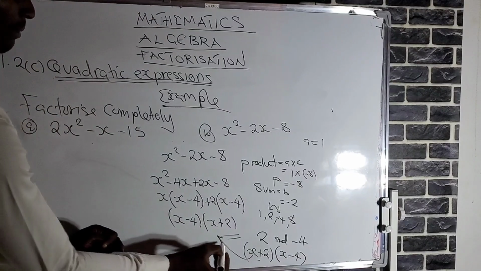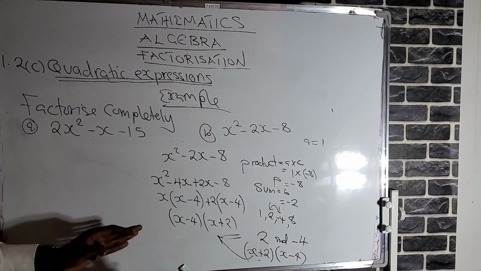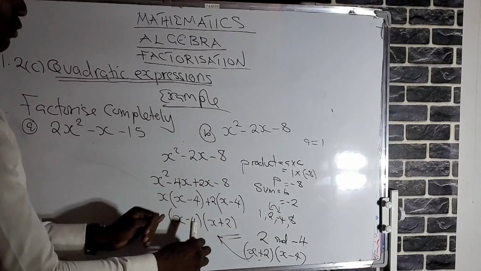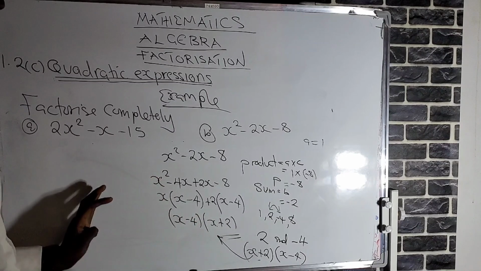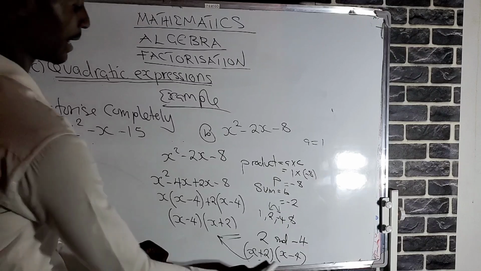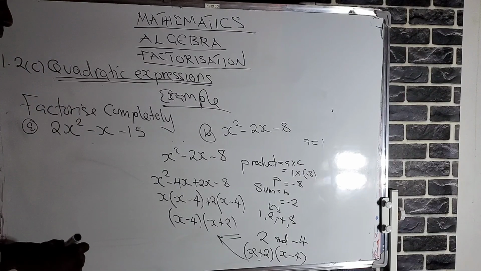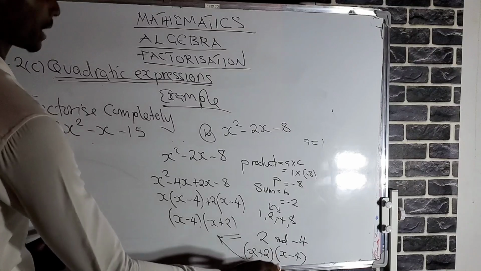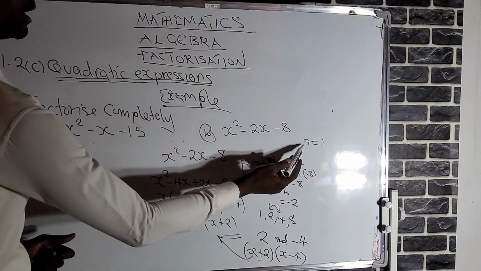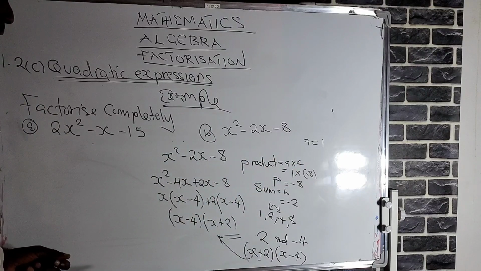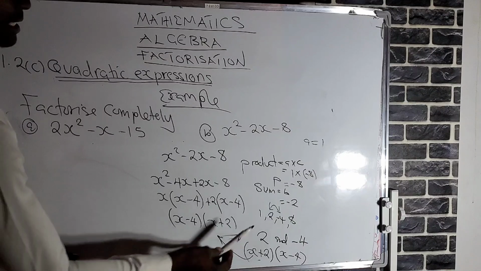Check, it's the same as this. Positioning doesn't matter. You can start with x plus 2 or x minus 4, whichever, as long as the answers are the same. So this trick only works when the value of a is 1.